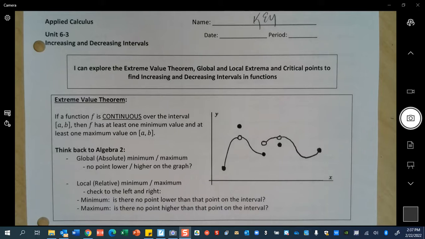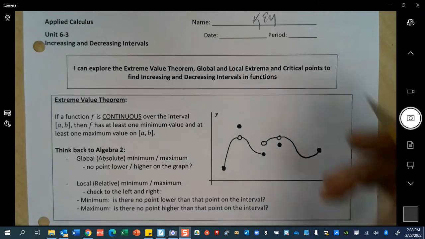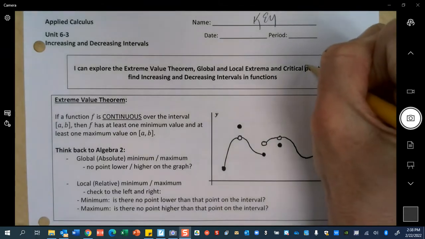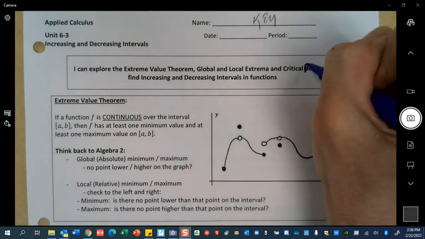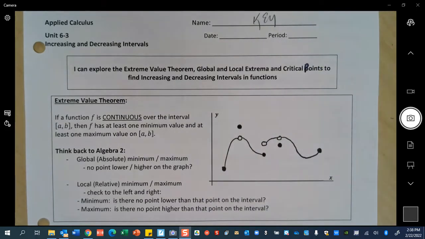To find the increasing and decreasing intervals of functions. So this lesson is really part 1 of 2, but we're just going to start talking about a lot of this stuff. And a lot of it is a review of your graphing conversations you had in Algebra 2 and pre-calc, but here we go.